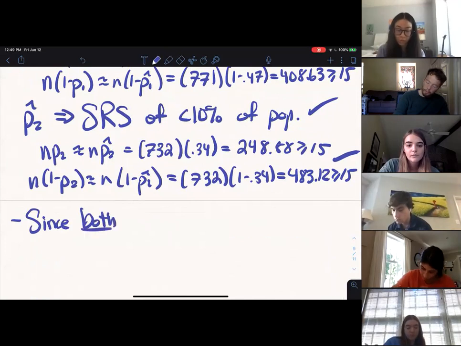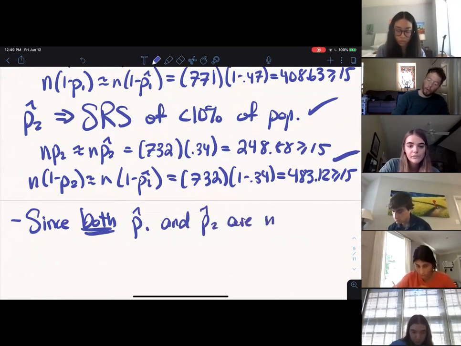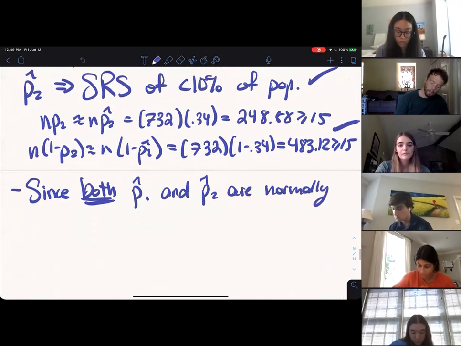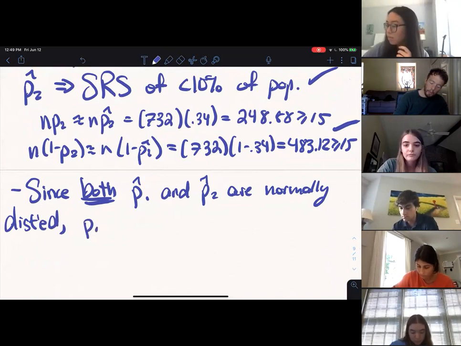since both p hat 1 and p hat 2 are normally distributed, p1 hat minus p2 hat is also normally distributed.